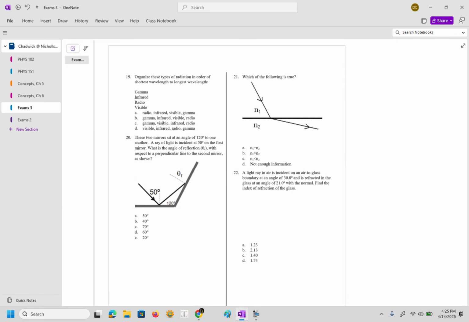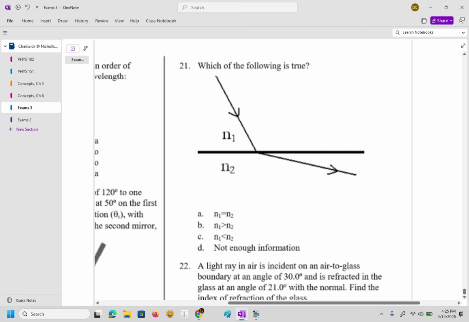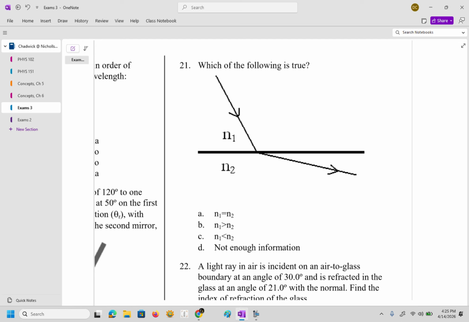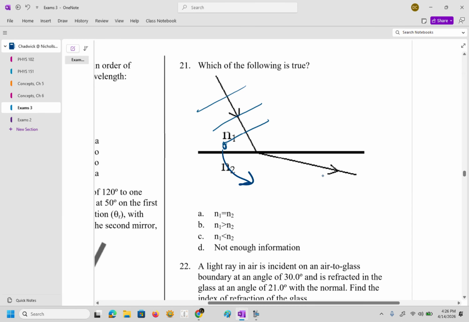Oh, let's just do one of these. So here, which of the following is true? You'll need to know how to look at a figure like this and determine which index is bigger, which velocity is bigger. In this case, I like to think of it in terms of velocity, even though this is asking about index. I draw my wave fronts. I know that here it's going in that direction.